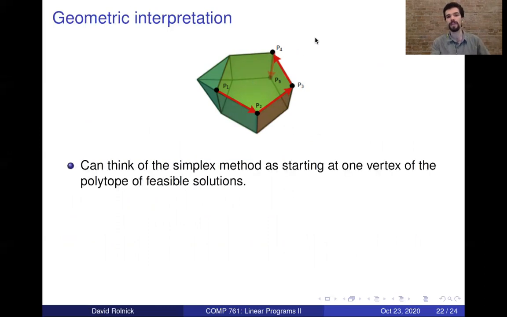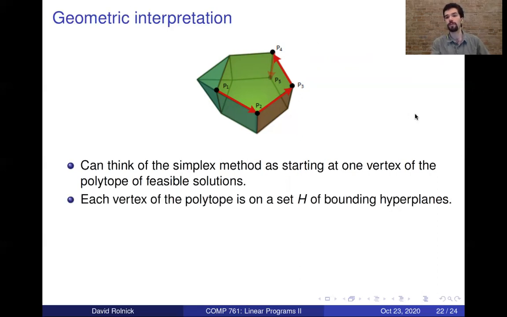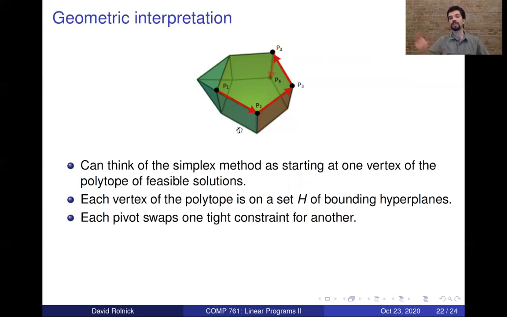We can think of the simplex method as starting at one vertex of the polytope and just moving from one vertex to another one. Each vertex is on a set of bounding hyperplanes. And each pivot is just swapping one tight constraint for another. You're saying, previously, this hyperplane was tight. Now I'm going to swap that hyperplane for another one.